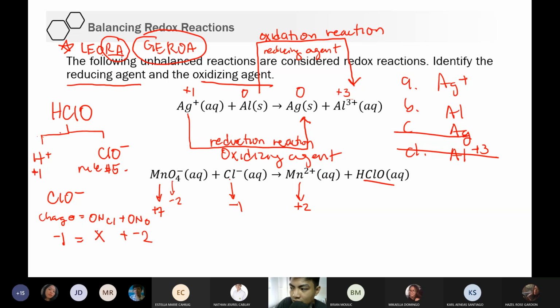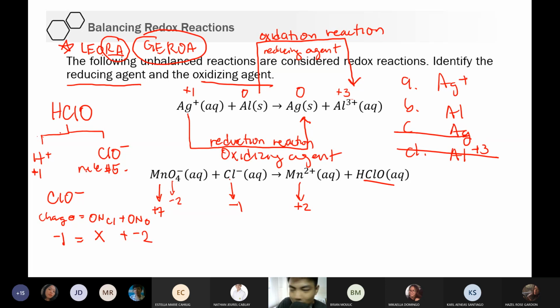So that means yung chlorine, hindi natin sure. Kasi remember, of all the group 7 elements, only fluorine follows. Ibig sabihin, yung chlorine, bromine, iodine, hindi yan nasunod masyado. Okay? So it doesn't follow the rules always. So kailan mo lang yung gagawin? Kapag ang katabi ni group 7 element ay oxygen.